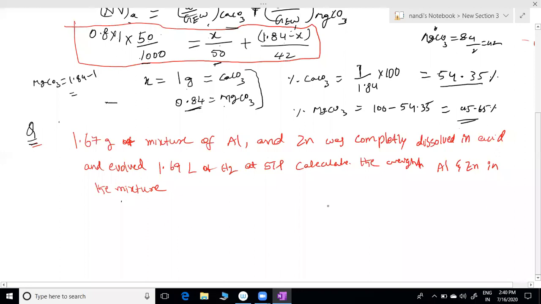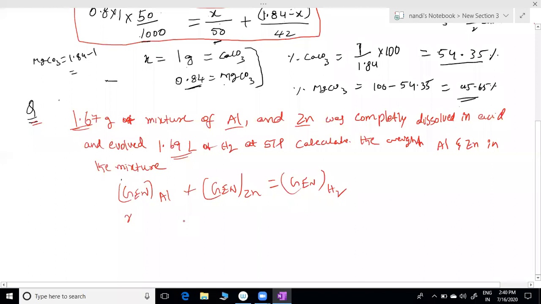Now we can write again, very simple. Assume that out of 1.67 grams, x gram is aluminum weight. How much? 9. Is it correct? Plus 1.67 minus x by the zinc atomic weight 65. 65 by 2 is the equivalent weight.